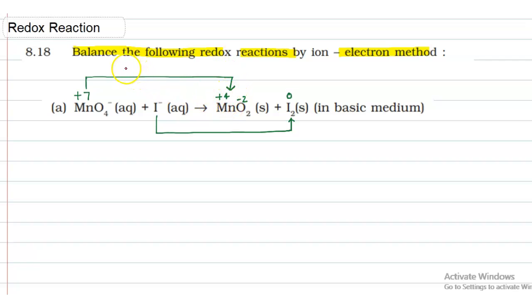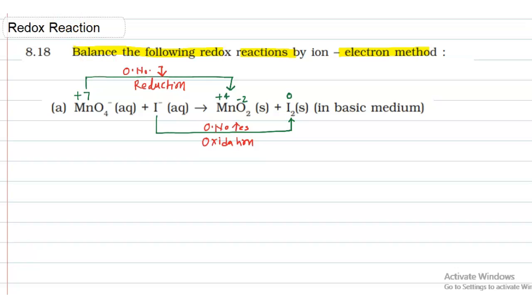So we observe the oxidation number decreases, so we call it a reduction process. And here we observe the oxidation number increases, so we call this process oxidation. By definition, if the oxidation number increases, that is oxidation, and if the oxidation number decreases, that is reduction.